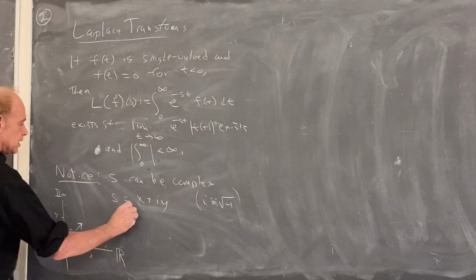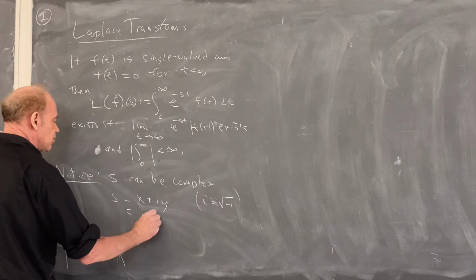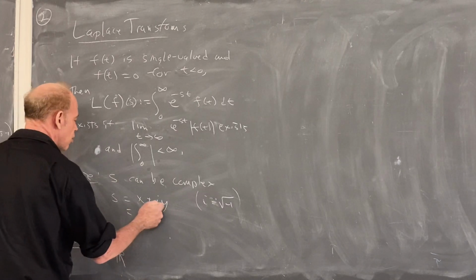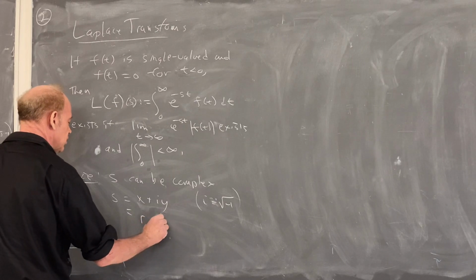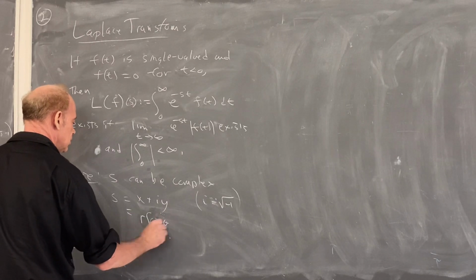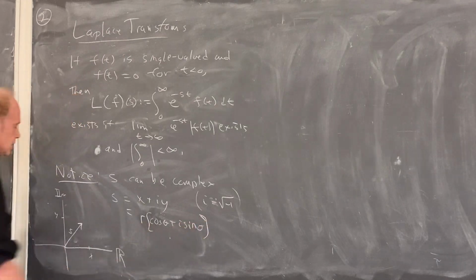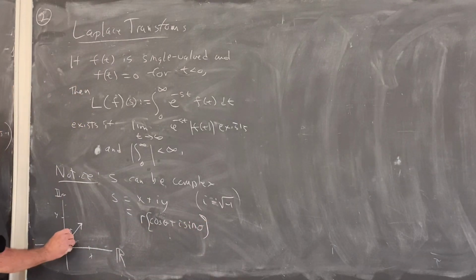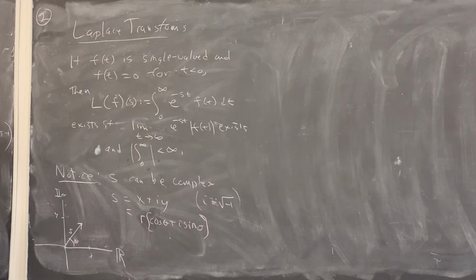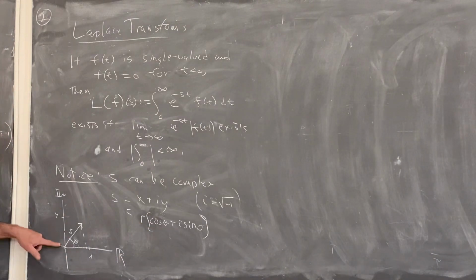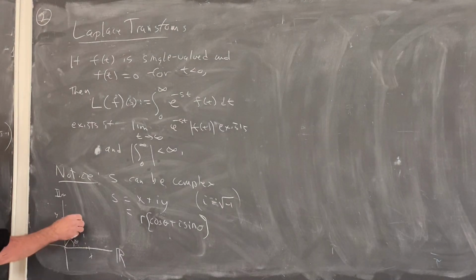I can also write it as r e to the i theta. Actually, I have to be careful there. r cosine theta plus i sine theta. How do I know that? Well, if this is theta, then the x component is r cosine theta, and the y component is r sine theta.